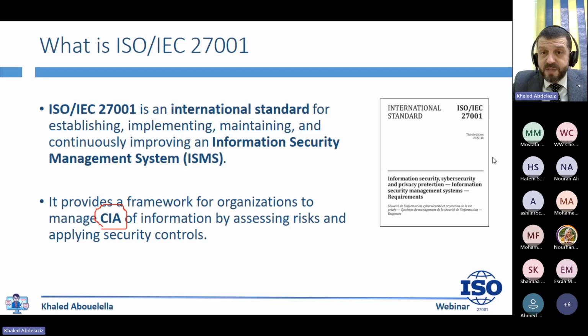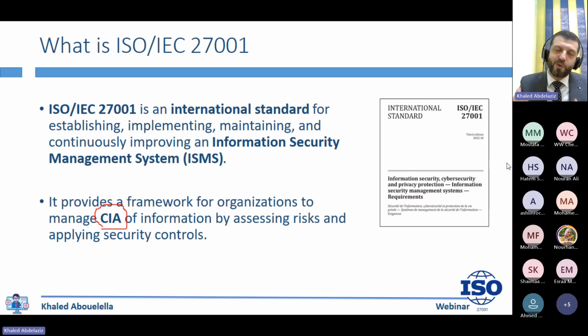Not only ISO 27001, by the way, but also the NIST Cybersecurity Framework, PCI DSS, and GDPR, the General Data Protection Regulation. So when we think about ISO 27001, we should tackle this standard from the perspective of CIA. What is C? C stands for confidentiality.